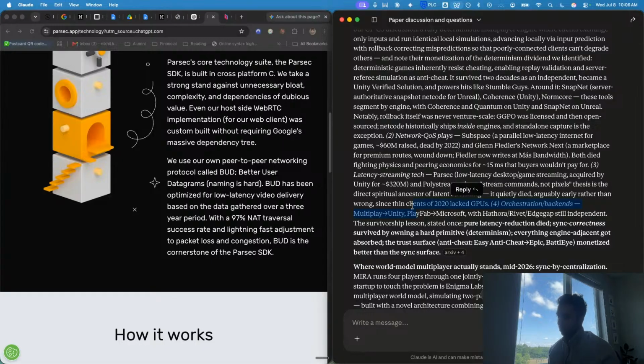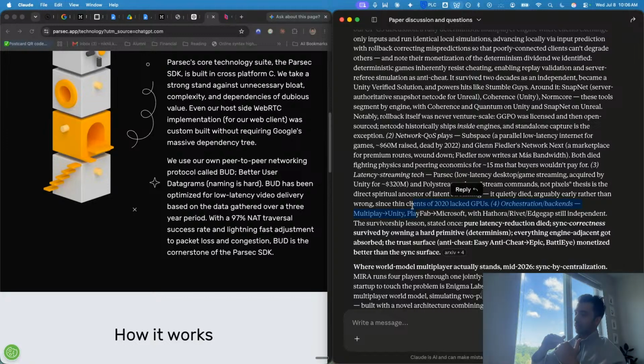AWS exposes what's called virtual CPUs to users, which is an abstraction on top of a CPU. There's a layer that sits in between the hardware and what I see as the hardware, as the user of their AWS instance. And so I don't have granular control over the processor.